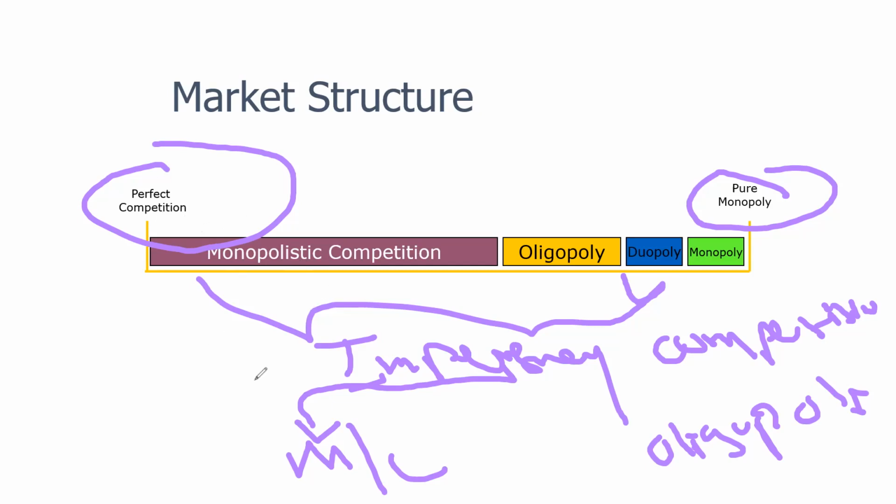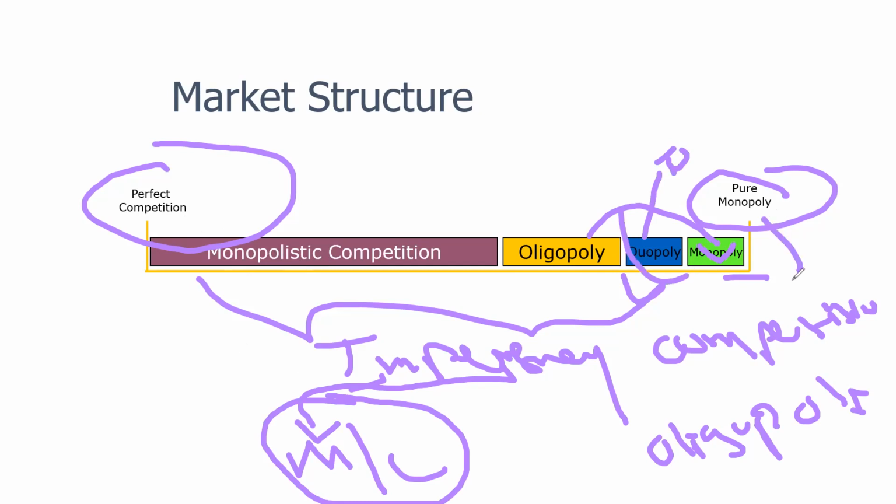Therefore, we can identify similar characteristics to what we discuss under perfect competition, what we are going to discuss today. So there may be some similar characteristics in the monopolistic competition. But the oligopoly is somewhat closer to monopoly. Here the monopoly is a single seller, duopoly means two sellers, right?